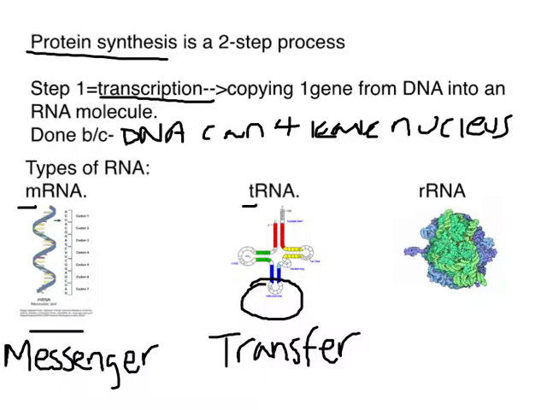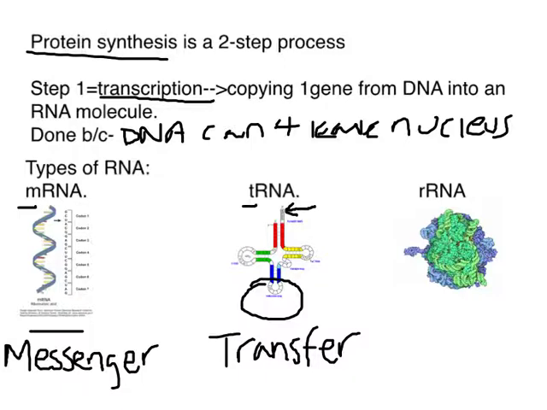At the other end, it's got a docking site right here for amino acids. So the tRNA's job is to carry amino acids. Amino acids bind to that docking site where the arrow is, and the tRNA will carry amino acids into the ribosome. Now remember, we're building proteins, and proteins require amino acids because amino acids are the building blocks of proteins.